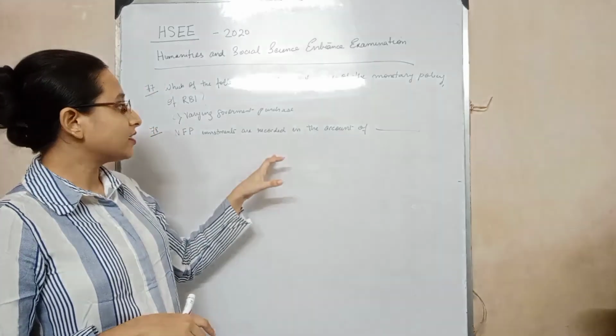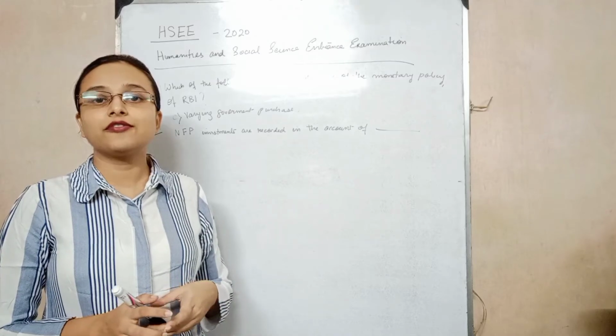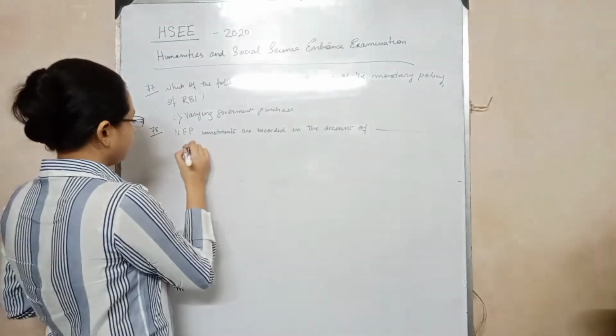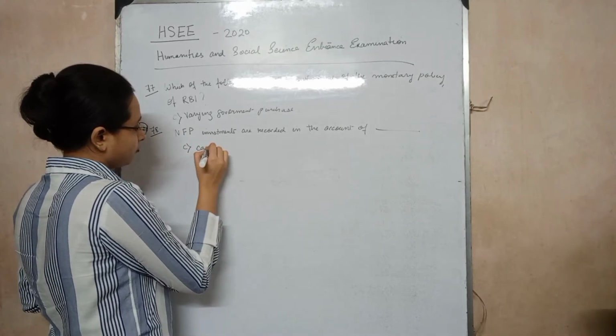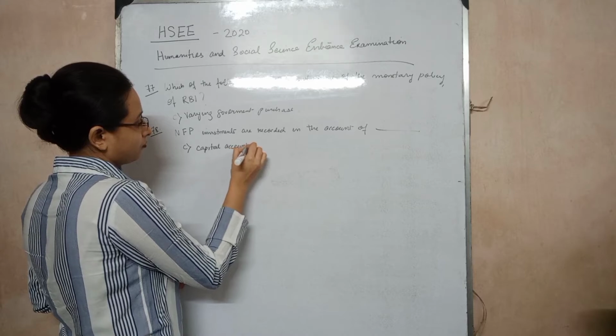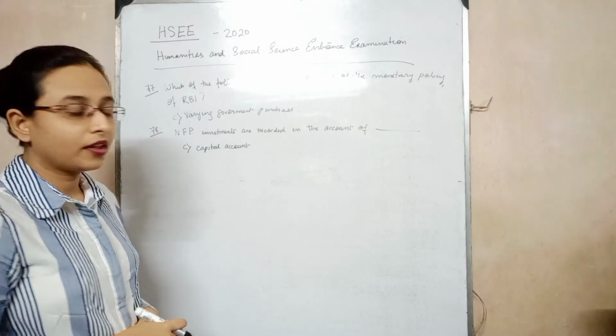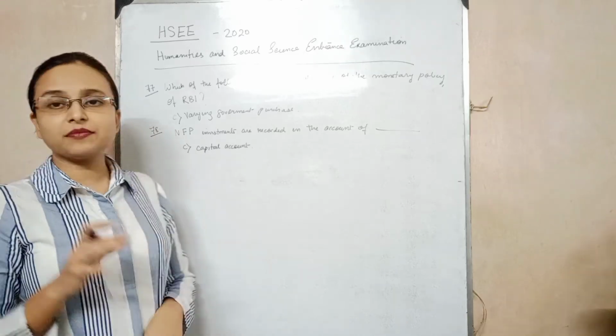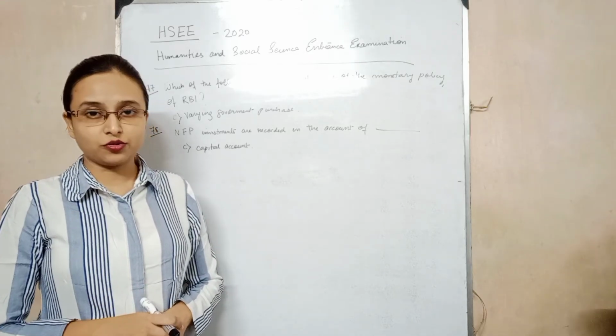So since it's related to investment, it will be in the capital account, which is option C. Okay, that is capital account. Usually investments and all are related to the capital account only.